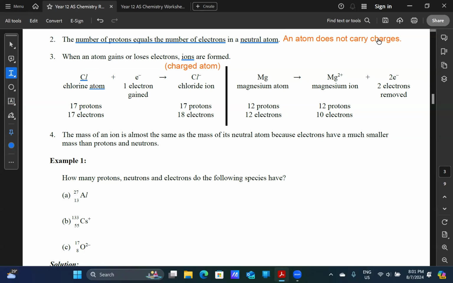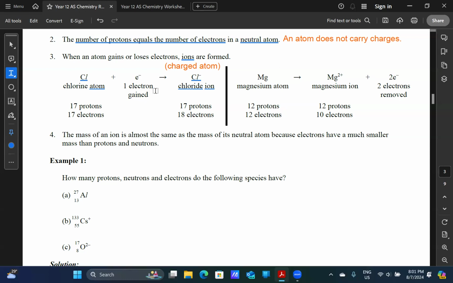Neutral means does not carry charges. However, when you call the particle an ion, if you look at the chemical formula, there is a charge above it. And the charge is one negative charge. Why does a chlorine atom change into a chloride ion? By gaining one electron.